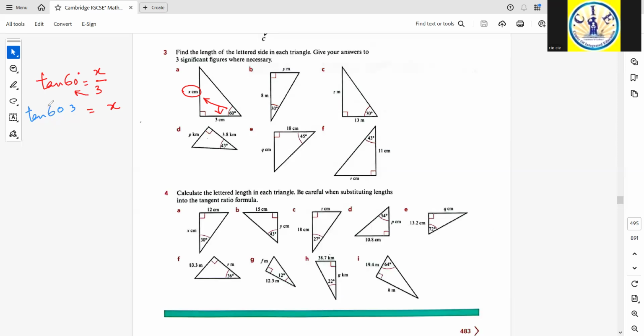When they use the calculator, they might press the tangent key, then 6, then 0, and then 3, and that might generate a wrong result. So 3 is to be written before tangent 60. That is 3 times tangent 60.